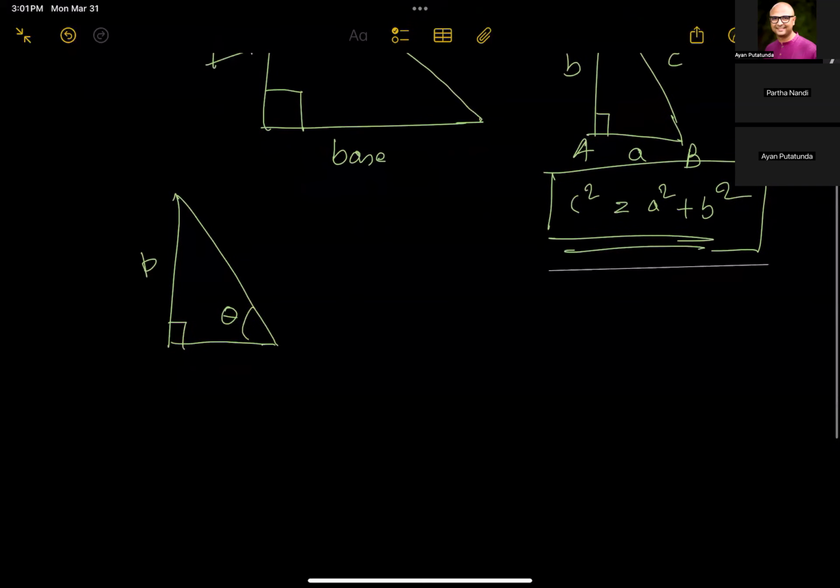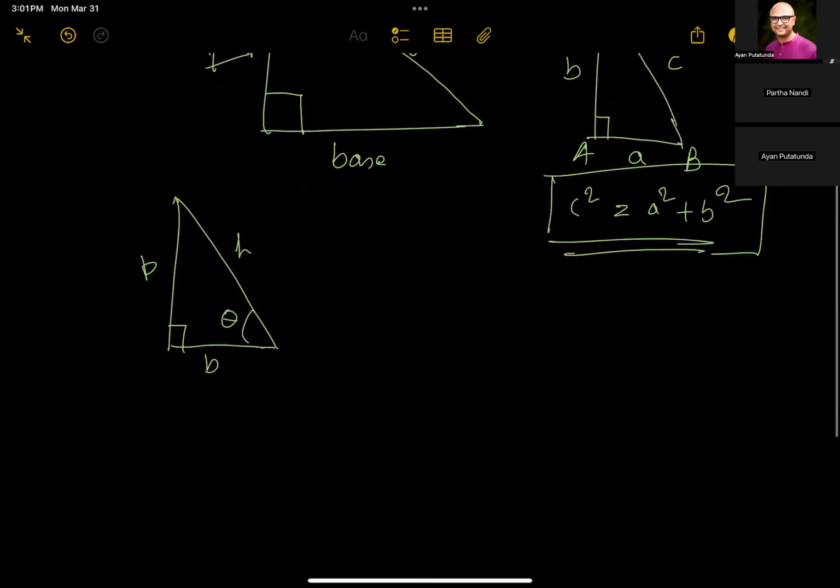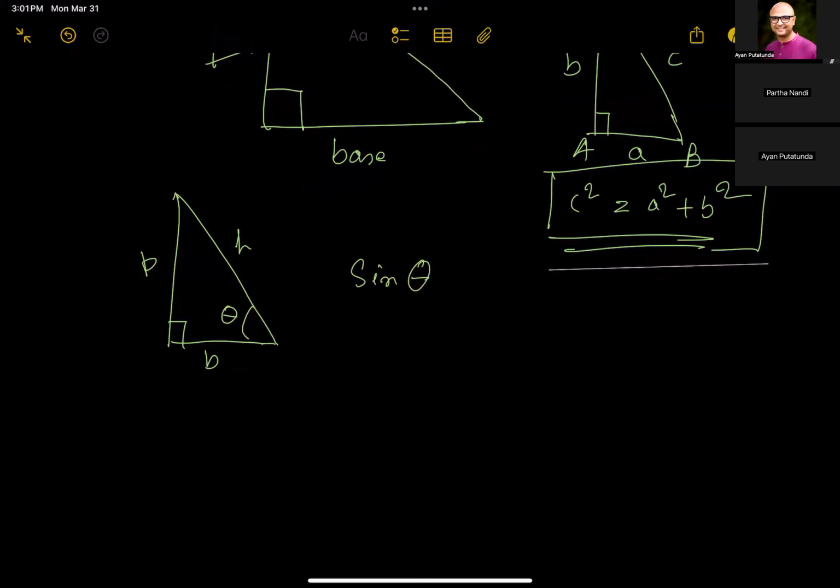This is called the hypotenuse. This is called the base, right? Then how do we come up with sine theta? Sine theta was the definition for what? It is perpendicular by base.